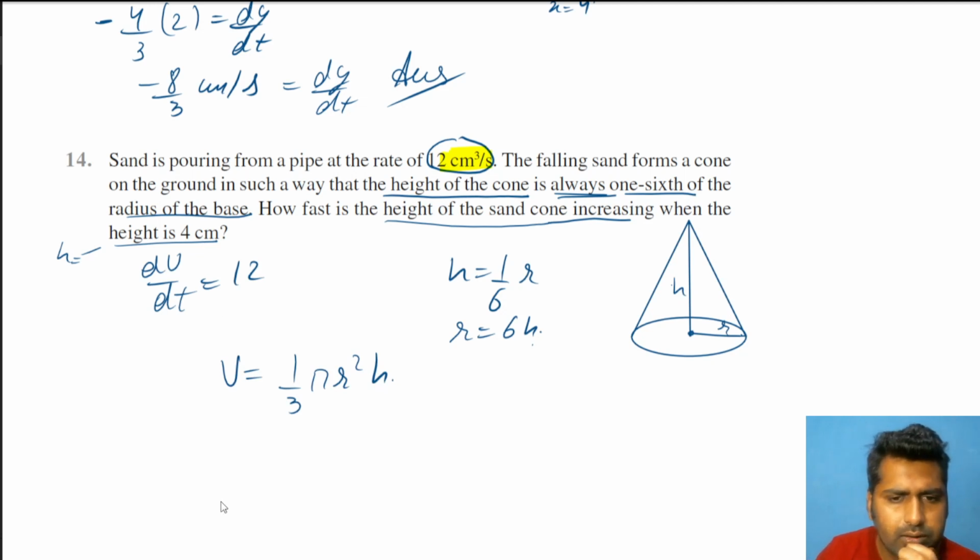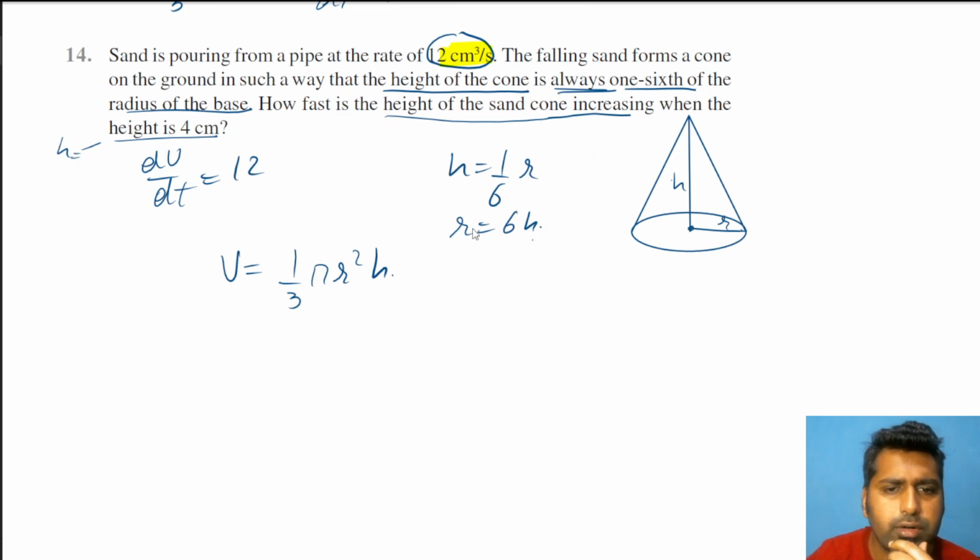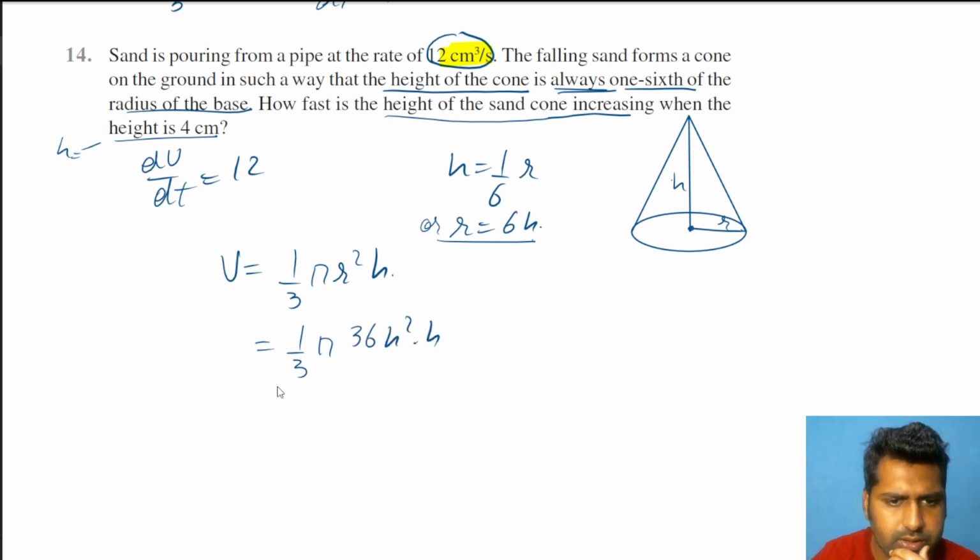It will be better if we create a formula, because we already know that this condition is always true, h is 1/6 the radius or r is 6h. So replace this value. So 1 by 3 pi, radius is 6h, so 36h square into h. Effectively you get 12 pi h cube.